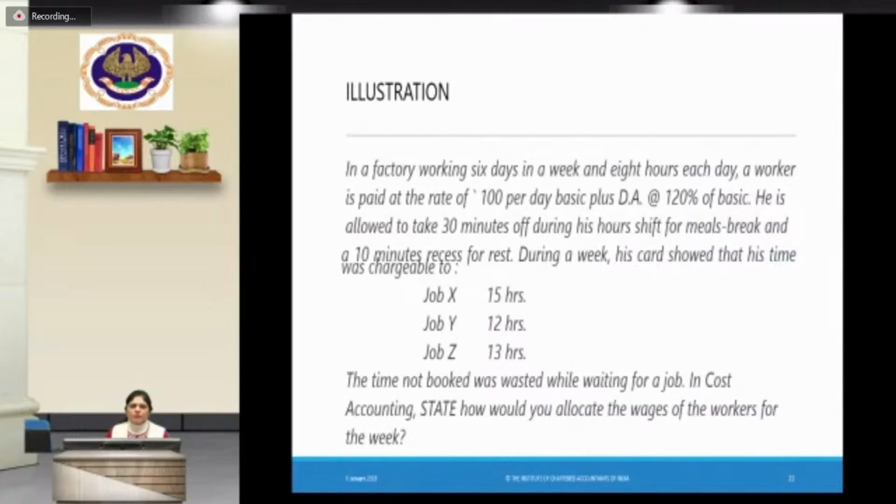Moving on to another illustration. Just have a look at this illustration. Again, it's a very good illustration which will highlight how many hours of idle time can be identified and evaluated from a question, and we have to identify the number of idle time hours.